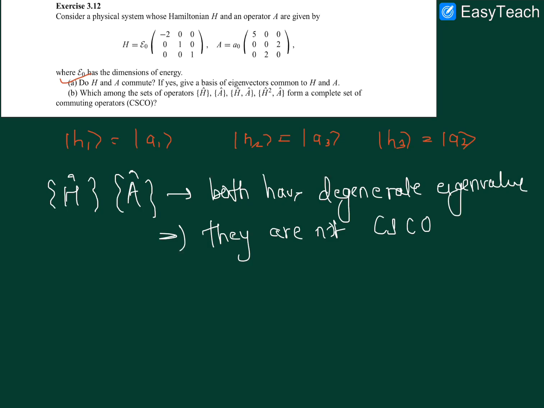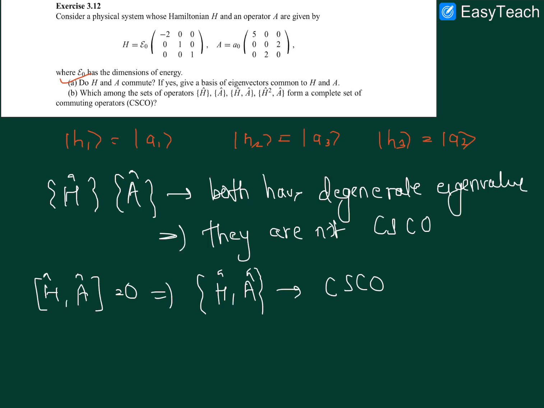Now H and A cap commute, we have seen that, which implies the set H cap and A cap forms a CSCO.